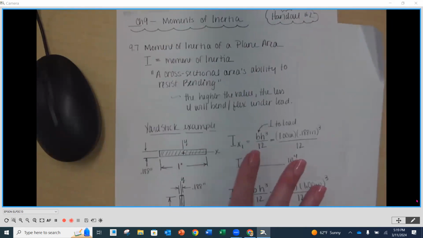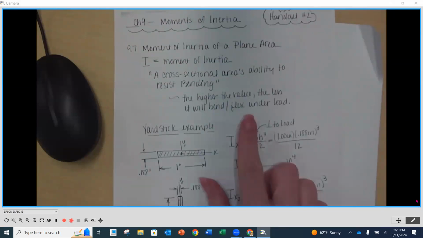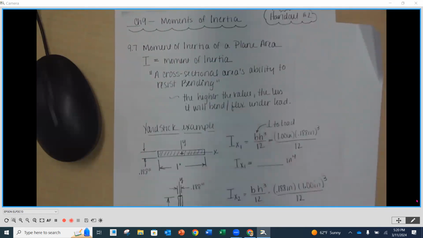So here we have moment of inertia. Moment of inertia, by definition, is a cross-sectional area's ability to resist bending. So the higher the value of moment of inertia, the less it's going to flex or bend under load.